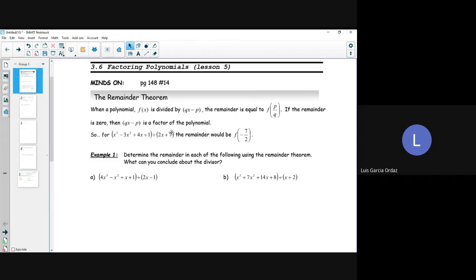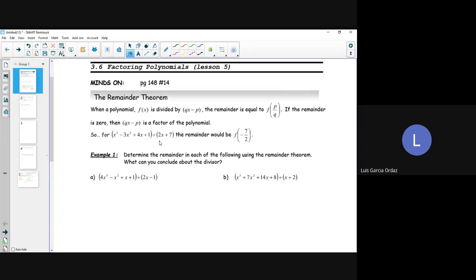So the remainder theorem: when a polynomial f of x is divided by qx minus p, the remainder is equal to f of p over q. If the remainder is 0, then qx minus p is a factor of the polynomial. For example, we have x cubed minus 3x squared plus 4x plus 1 divided by 2x plus 7.